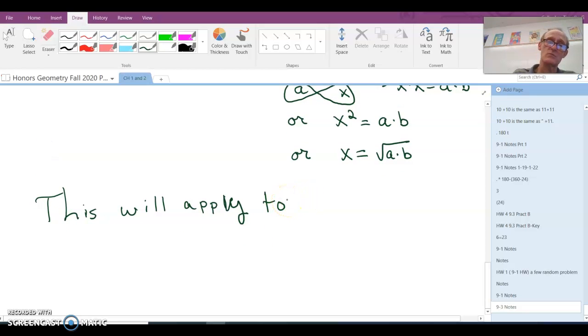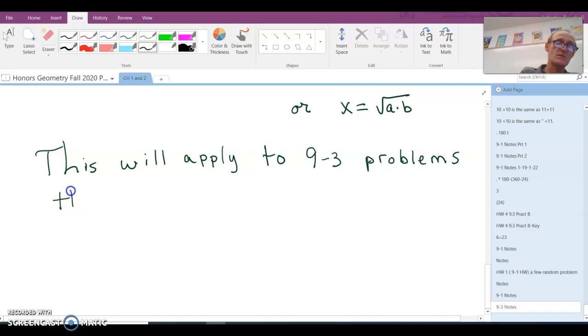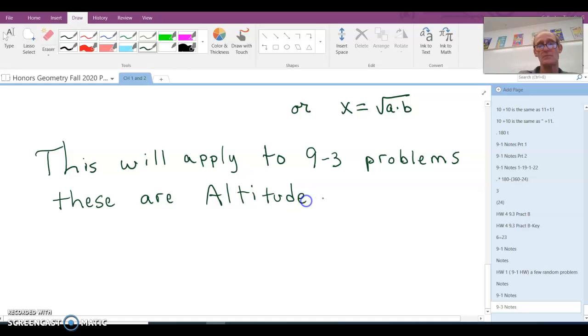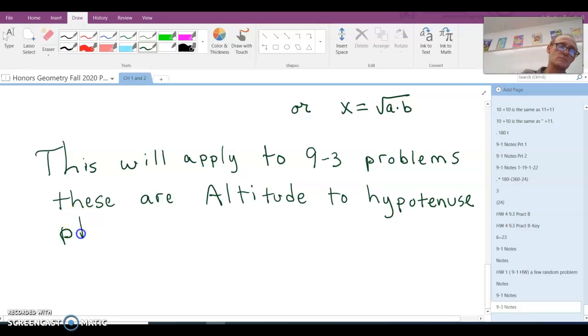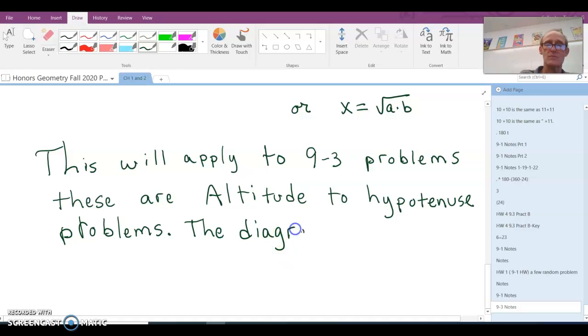Now this will apply to three problems. Okay, and these are altitude to hypotenuse problems. Okay, and the diagram is this.